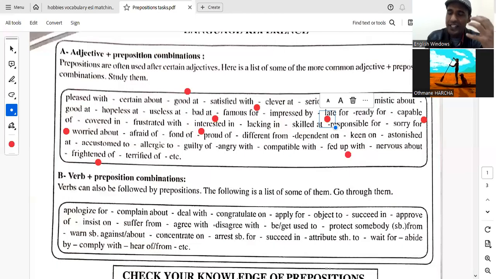We can't use whatever preposition we want, otherwise the meaning sometimes differs. So I'm going to share the documents with you right now, and we're going to do the practice of these prepositions, and at the same time you are going to give me example sentences using those.